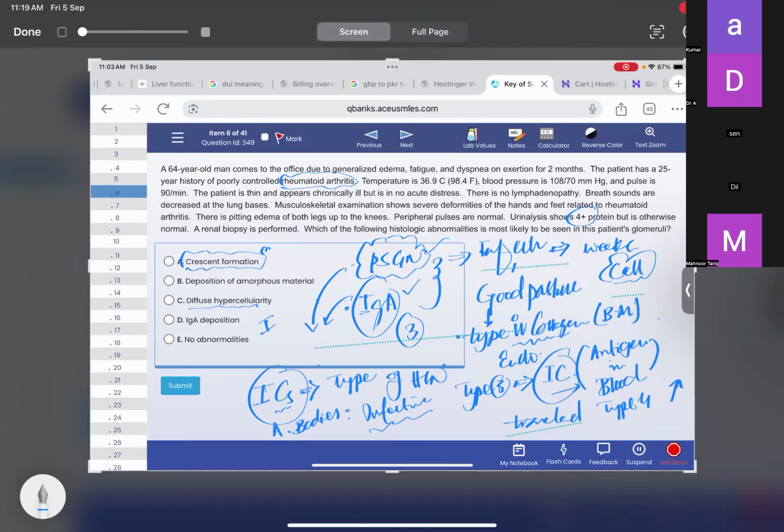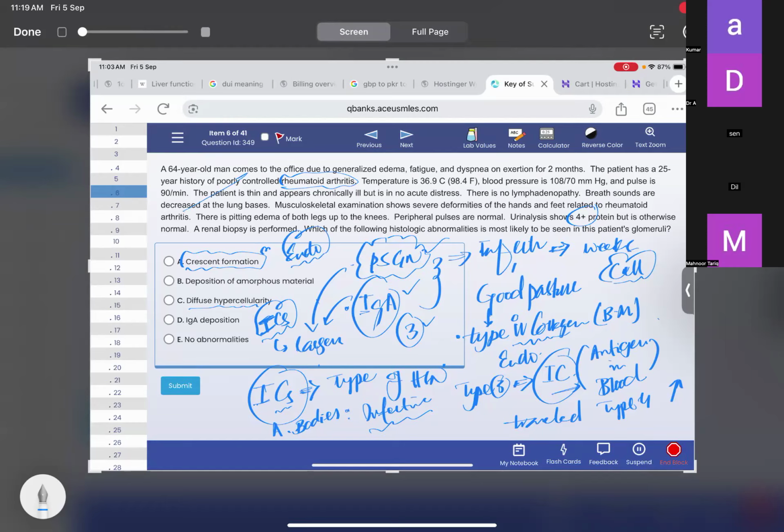Because the first thing is we know the type of hypersensitivity. The other thing is the immune complexes are forming outside the kidney, and they are larger in size, okay? Larger immune complexes will deposit in the endothelium.